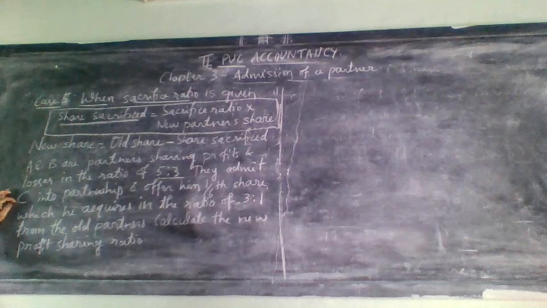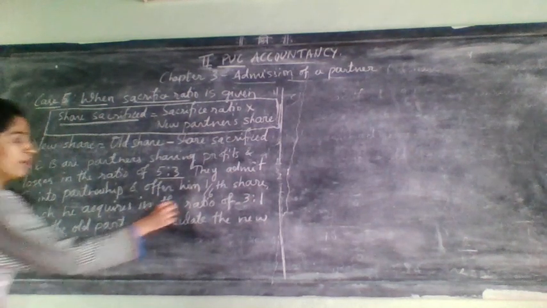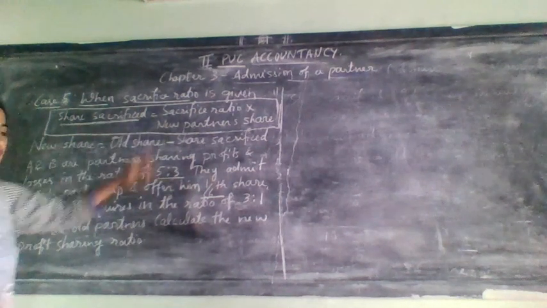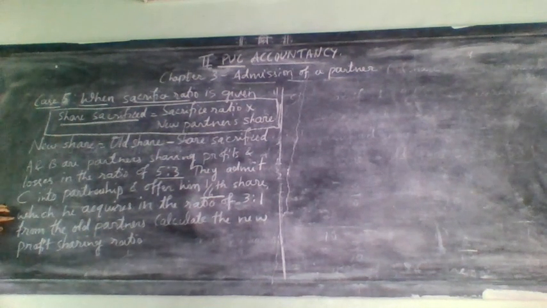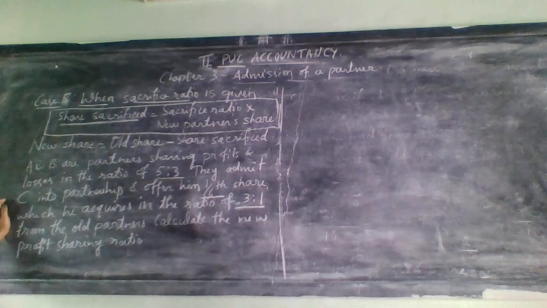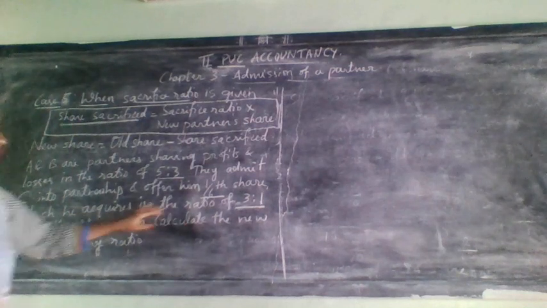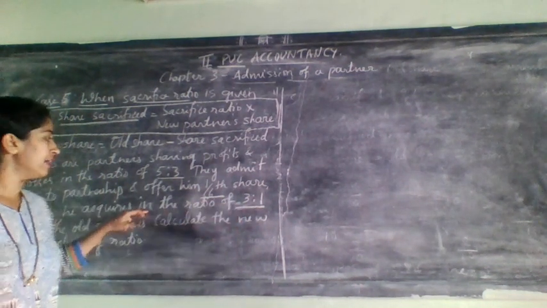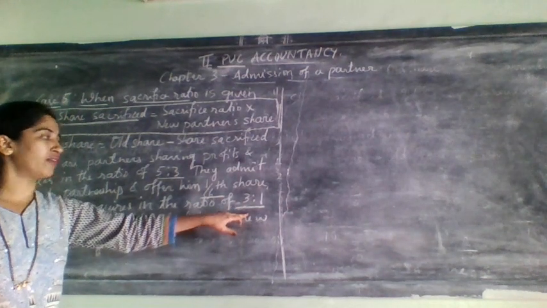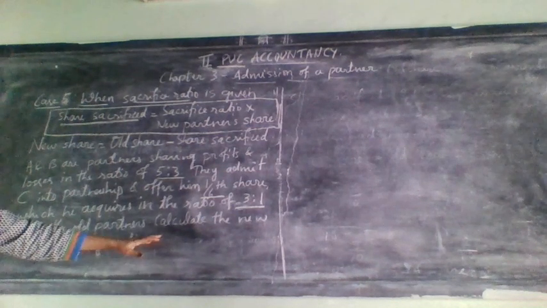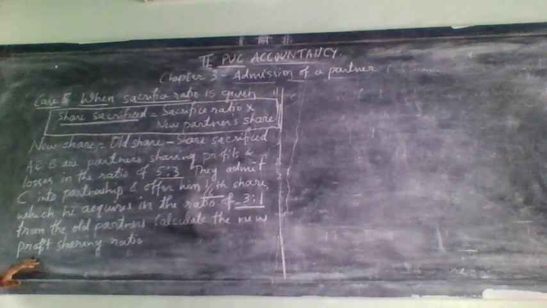They admit C into partnership and offer him 1/6 share. 1/6 is the new partner's share, which he acquires in the ratio of 3:1 from the old partners. Calculate the new profit sharing ratio.